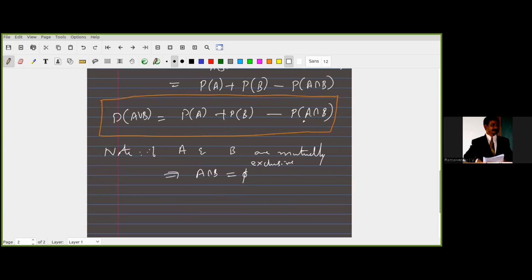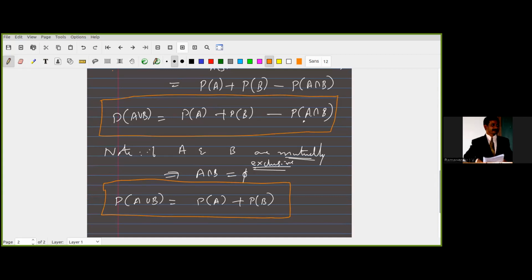What is mutually exclusive? If A and B do not have anything in common, it means that A and B are mutually exclusive events. So in this case, P of A union B equal to P of A plus P of B. That's all. You have this little formula for mutually exclusive events.